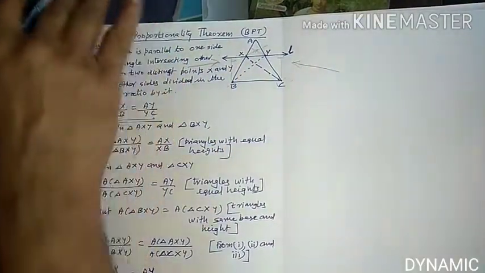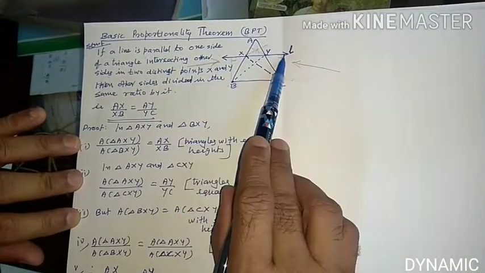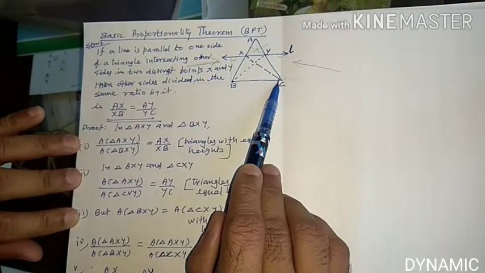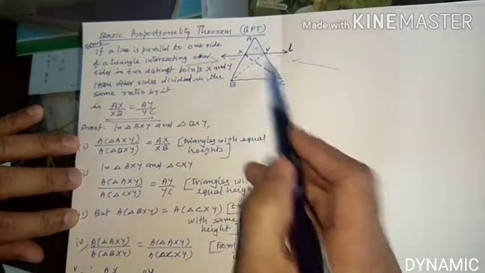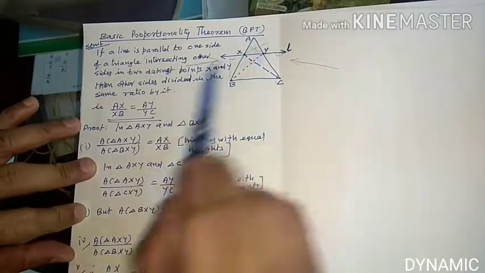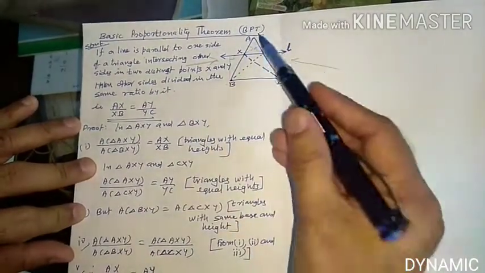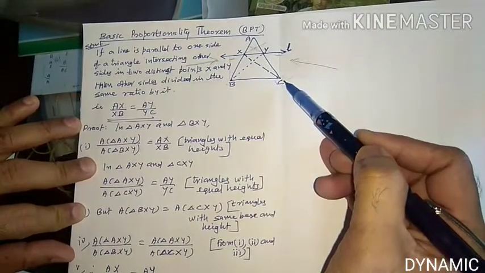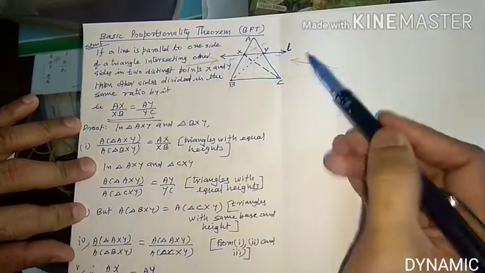Given BPT: if a line is drawn parallel to one side of a triangle, intersecting the other two sides in two distinct points, then the other two sides are divided in the same ratio by it.